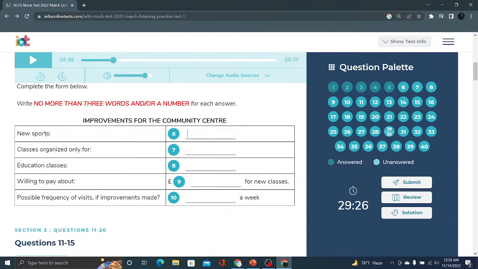We have here the keyword new sports. So let's listen.